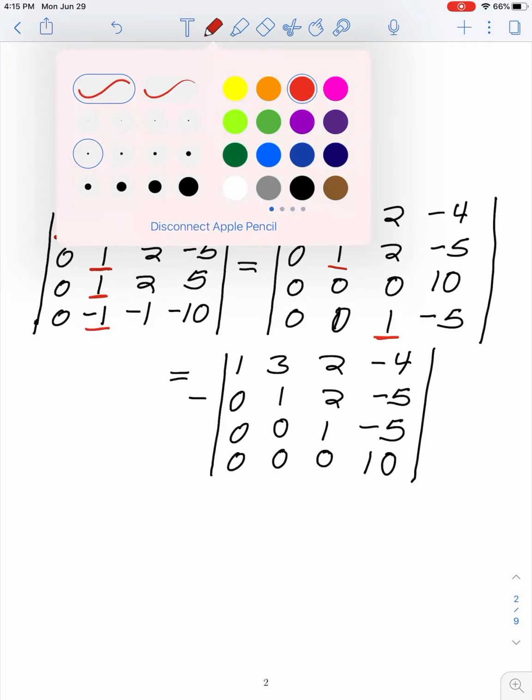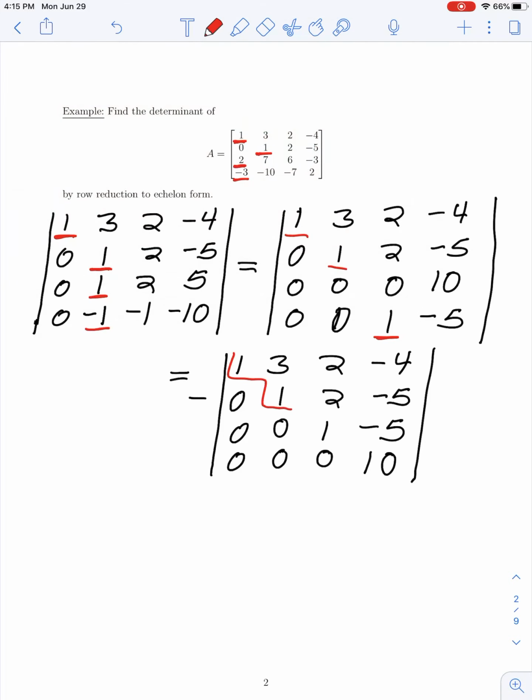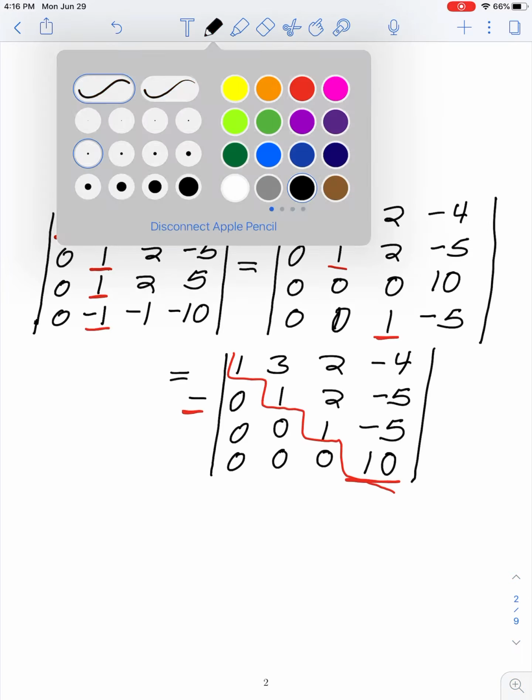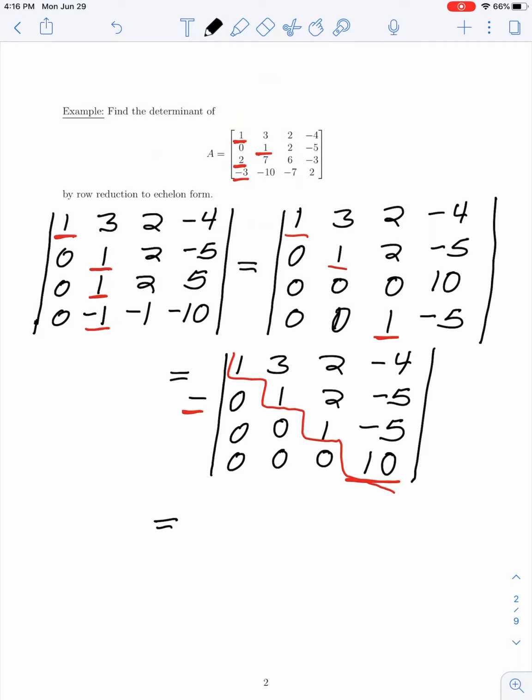So this new matrix that I'm considering is now in upper triangular form. So its determinant is the product of the diagonal entries, which we can see is 10, and then remembering that we have a factor of a negative 1 out in front, we have a determinant of negative 10 here.